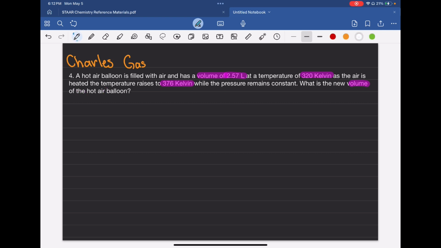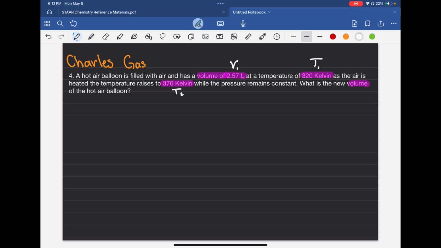So if I look at my information in this question, we can see that we started with the hot air balloon that has 2.57 liters, so that's my volume, at a temperature of 320 Kelvin. So that's temperature. It says that the air was heated up to 376 Kelvin, so that's temperature 2.